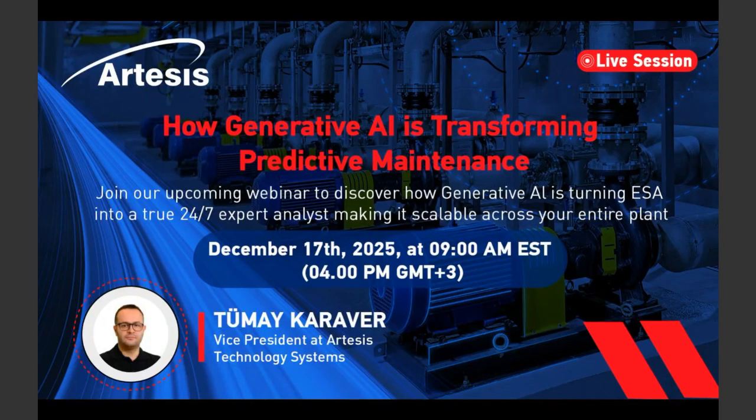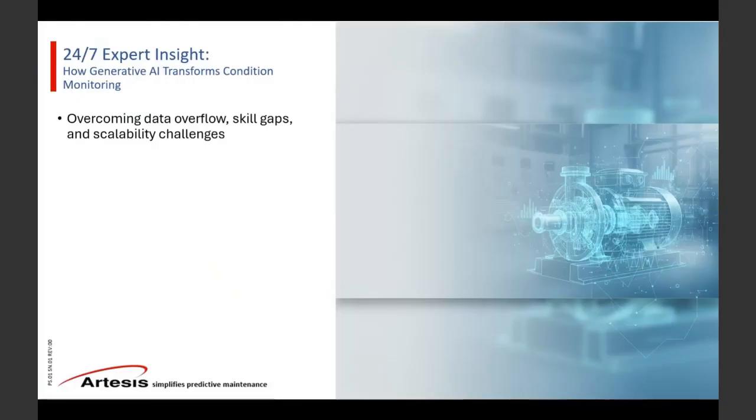Today we're talking about something I think is a pretty big milestone for condition monitoring. What happens when we add large language models and generative AI on top of what we already do? Because honestly, we've gotten really great at collecting data.